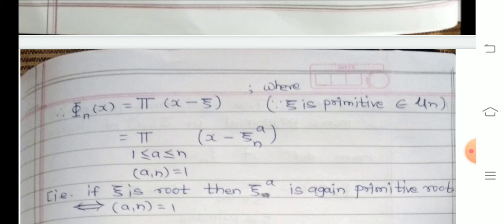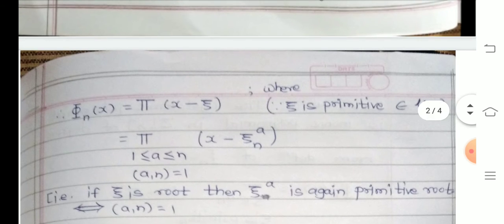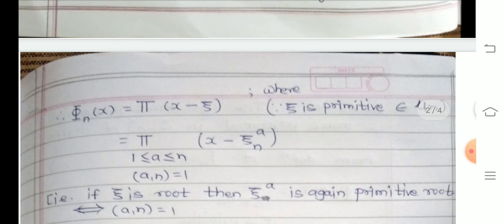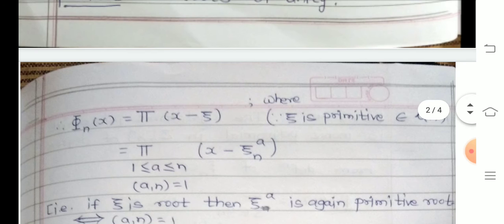Here we have written xi_n, which is an nth root of unity. Here we also mention that if xi is a root, then xi^a is again a primitive root if GCD(a, n) equals 1.